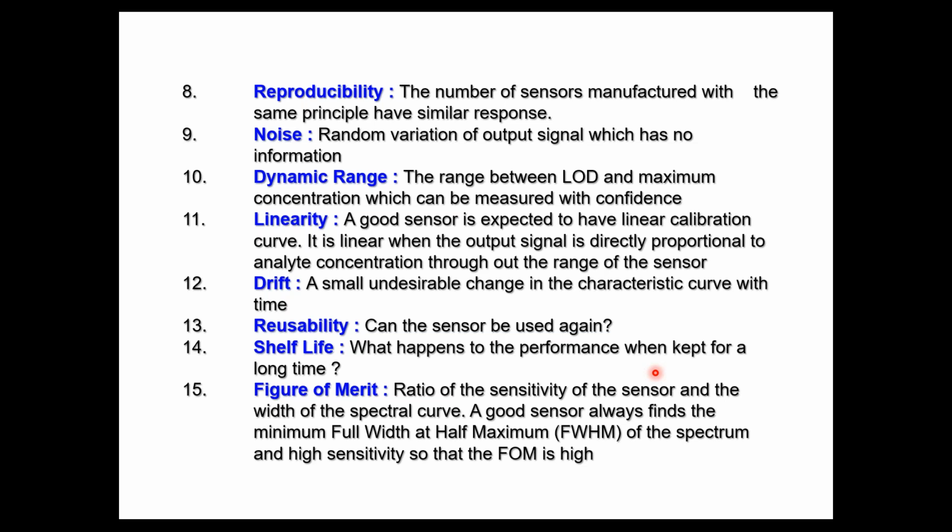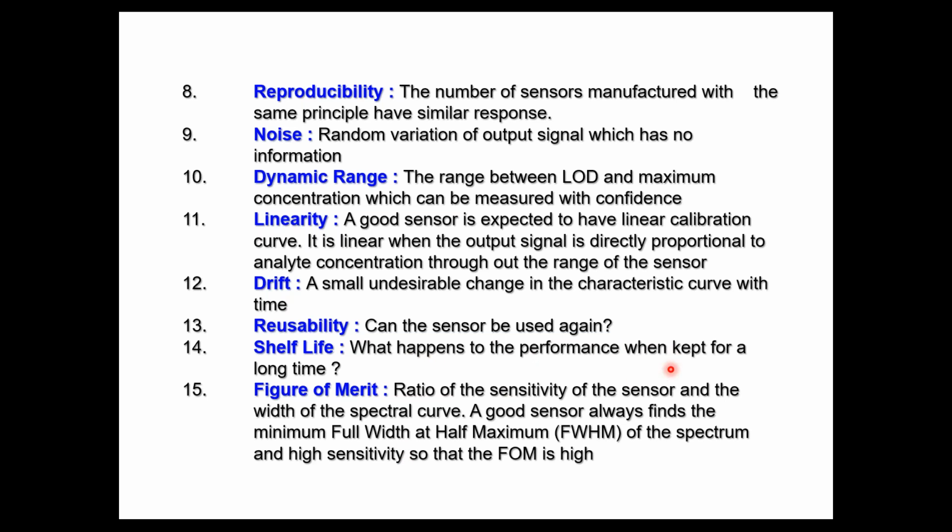Drift: a small undesirable change in the characteristic curve with time. Reusability: can the sensor be used again and again? We have seen different types of fiber sensors and other sensors, SPR based sensors, etc. From an economic point of view, it has to be used again and again, and if you buy it from a vendor, it's going to be very costly.